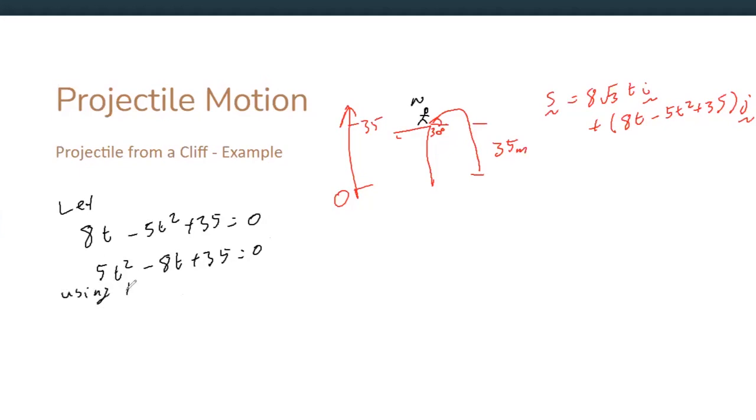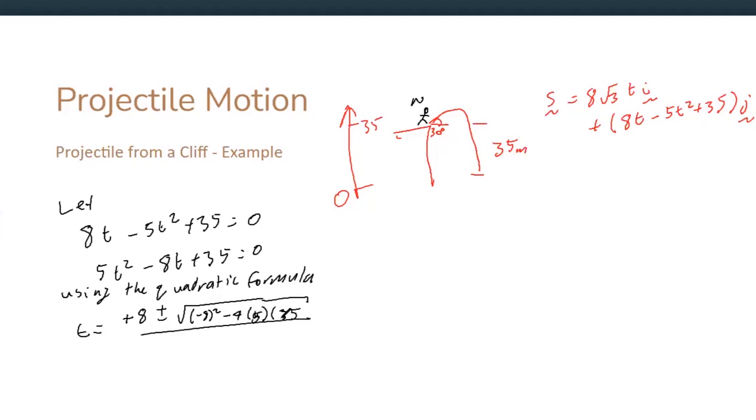So using the quadratic formula, we want t equal to minus b, so that's going to be actually plus 8, plus or minus the square root of b squared, so minus 8 squared, minus 4 times a, which is 5, times c, which is minus 35, all over 2 times a, and a is 5.